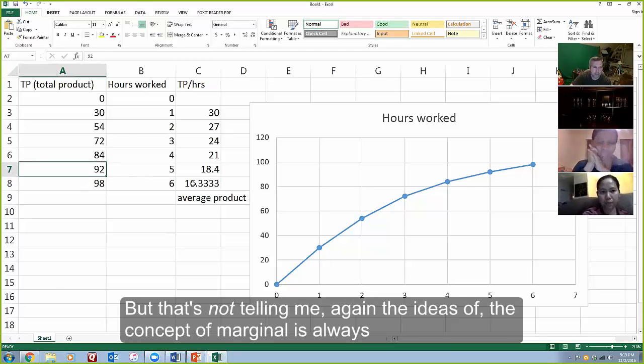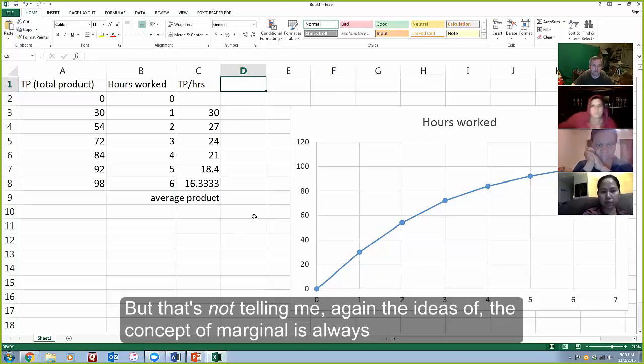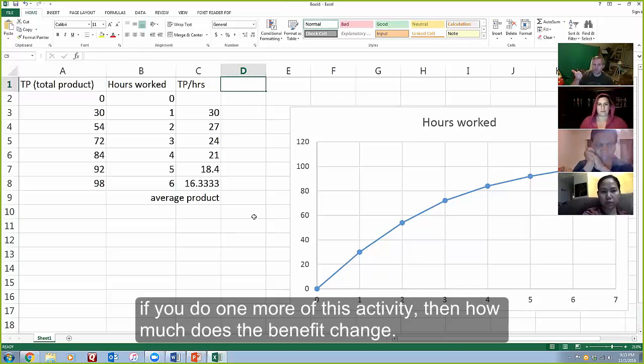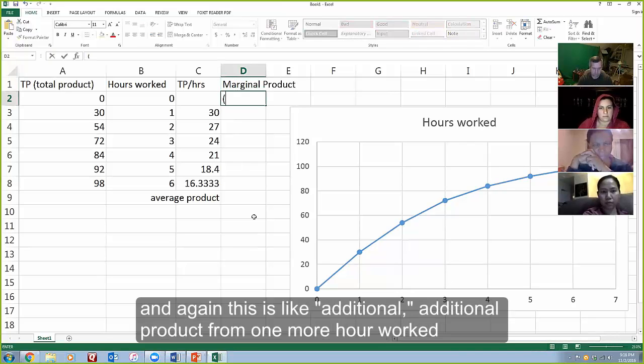But that's not telling me, again, the concept of marginal is always, if you do one more of this activity, then how much does the benefit change? So if I'm trying to find a marginal product, I should write that out. Then again, this is the additional product from one more hour worked.